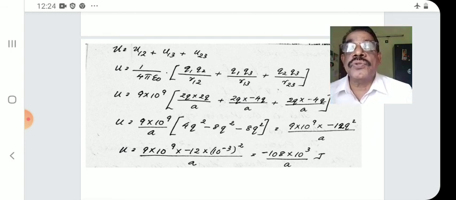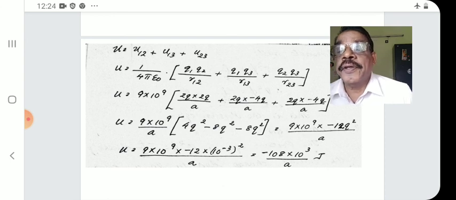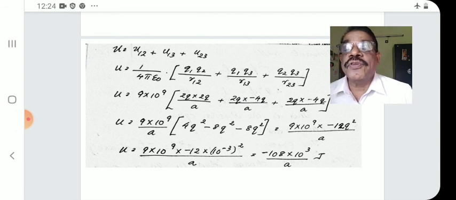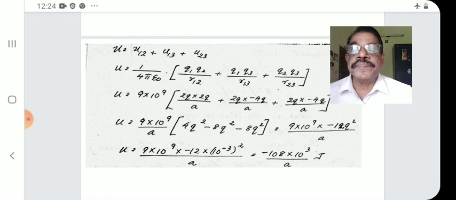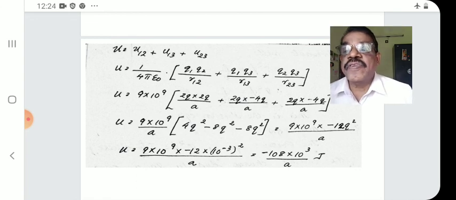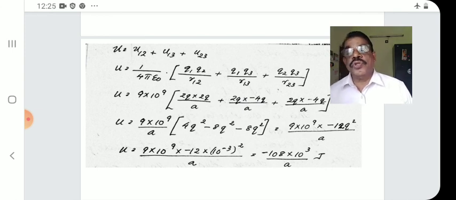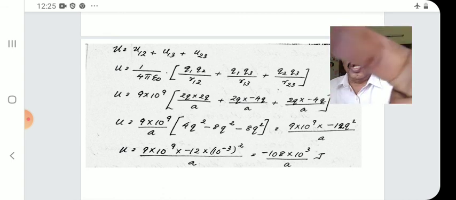That is U is equal to 9 into 10 raised to 9 into minus 12 into Q square, where the value of Q is 10 raised to minus 3 coulomb, by A. The distance is the side of the triangle, that is A. On simplification we get U is equal to minus 108 into 10 raised to 3 by A joule. That is the potential energy. The unit of potential energy, you know, is joule.